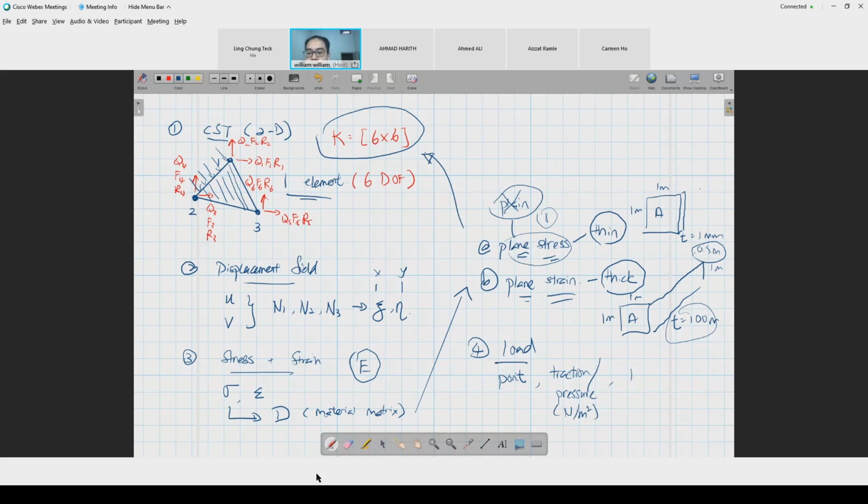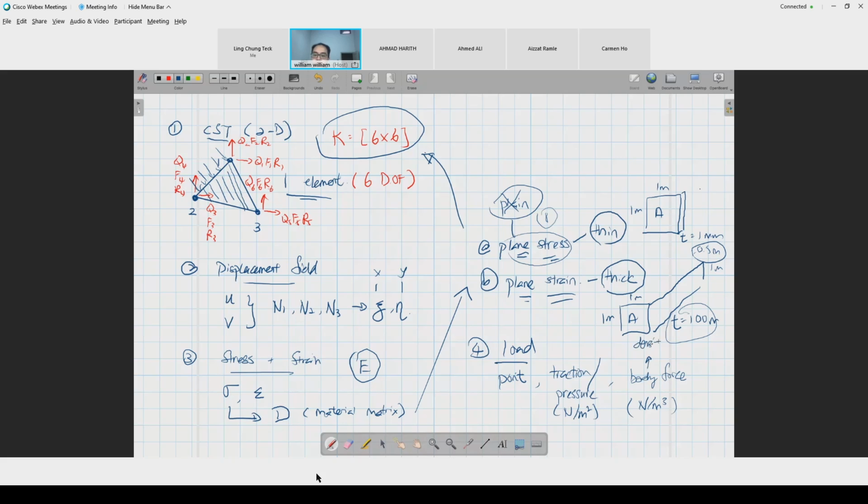And then finally you have body force. Body force in this case is newtons per meter cube. That's the unit that will be given. So for body force, we will tell you to neglect or to consider. If we want you to consider, we will not give you the body force in terms of newtons per meter cube.